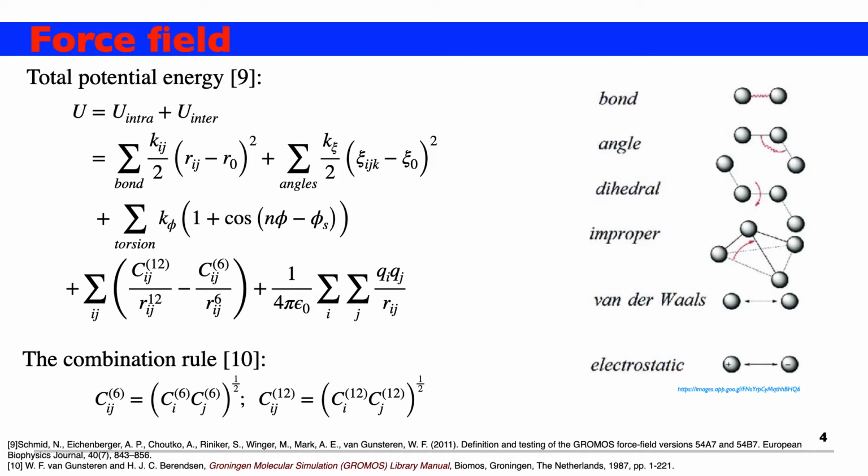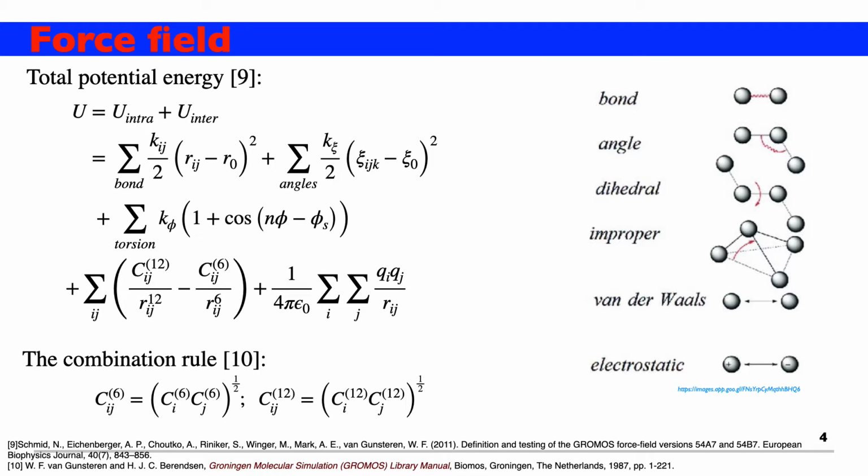And now, force fields are used to describe molecular interaction. The force field is the mathematical equation that describes the interaction and all the parameters that it involves. Here we present the total potential energy that we use to describe the interaction in the mixture.